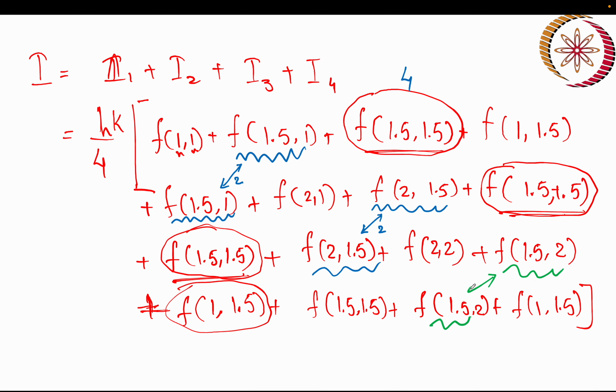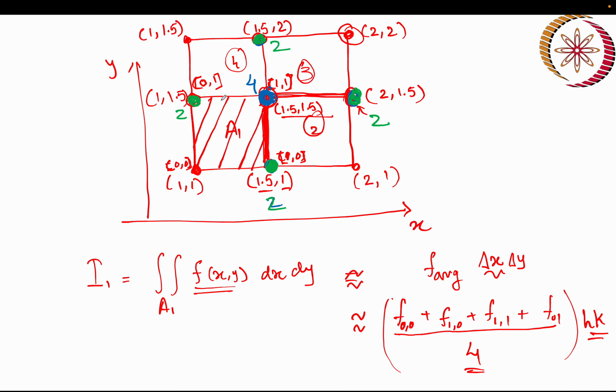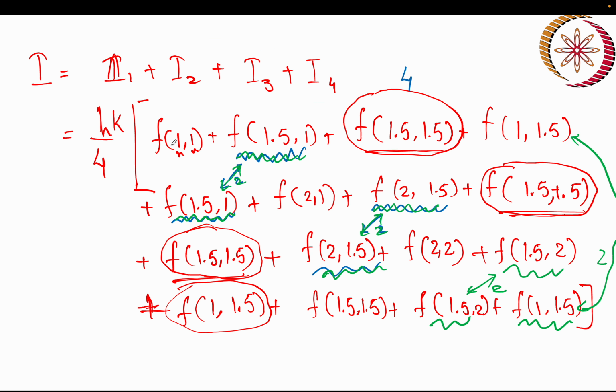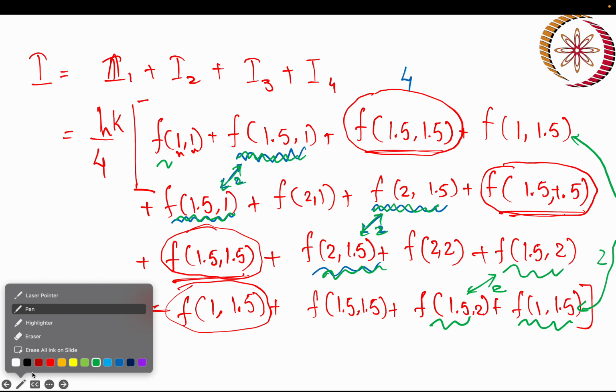Okay, so this has come twice, and the next term is this one, and you can see this is here. So this has also come twice, 1 comma 1.5. So you can see there is a pattern here. The central node is 4 times, then the outer is twice.